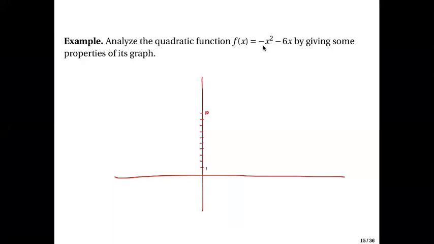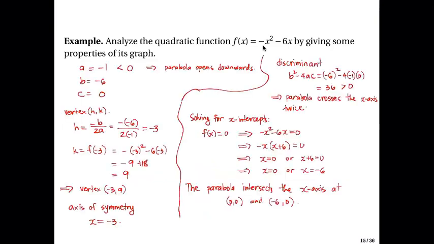Based on the information that we have, we need x equals negative 3, we need 0, and also negative 6.